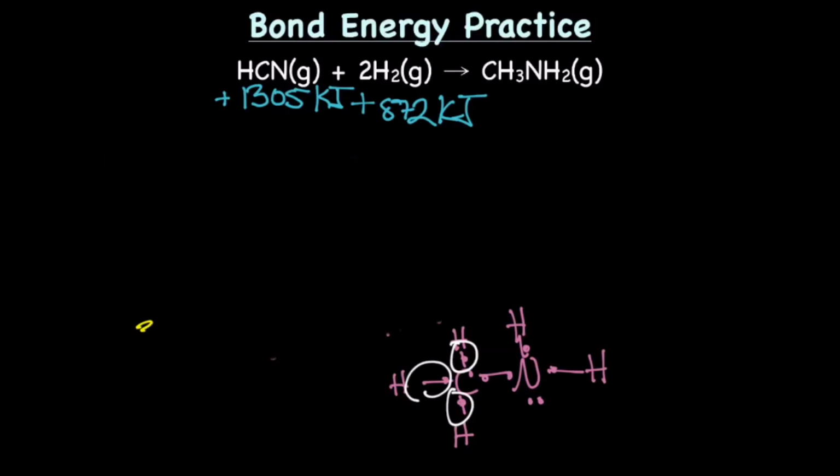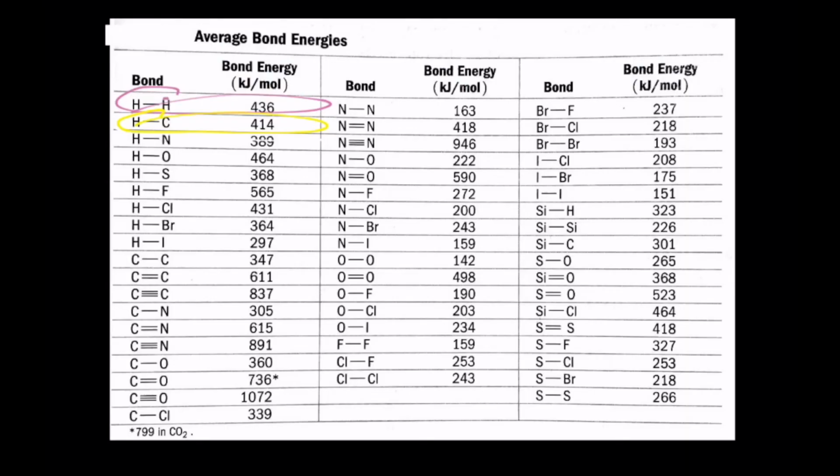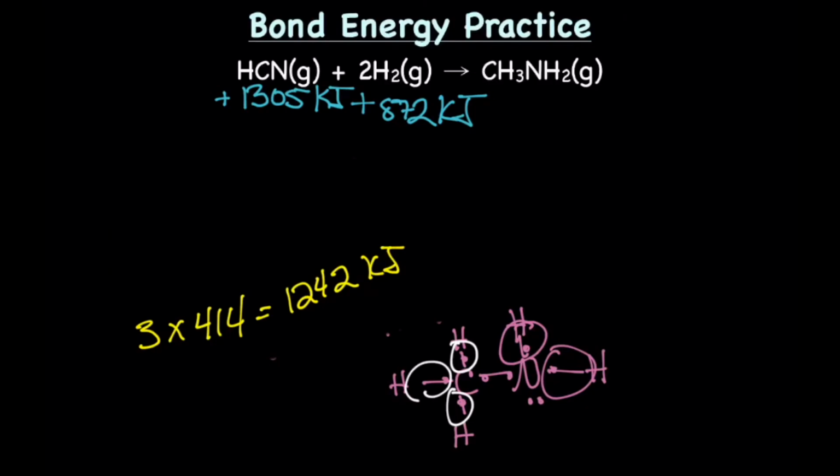So we have 3 times 414 kilojoules, giving us 1,242 kilojoules. And we need to also figure out the energy released when making 2 NH bonds, which is here, 389 kilojoules.